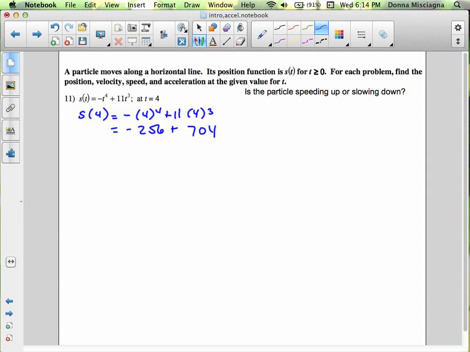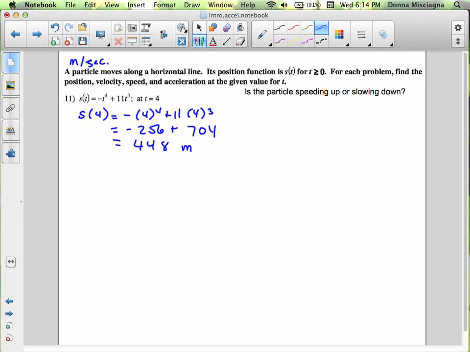If we combine those together, we have 448. And let's call this meters. So 448 meters is going to be the units for position. Meters and seconds is what we'll use.